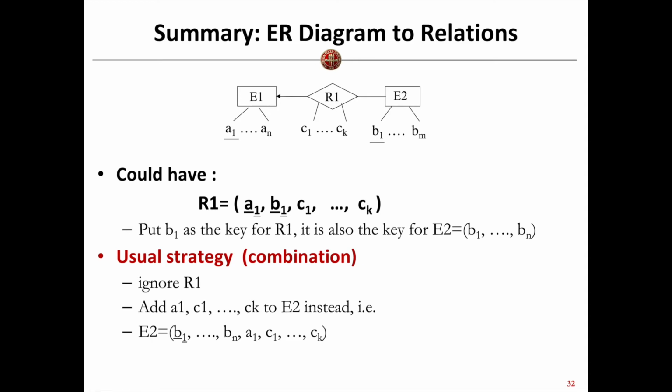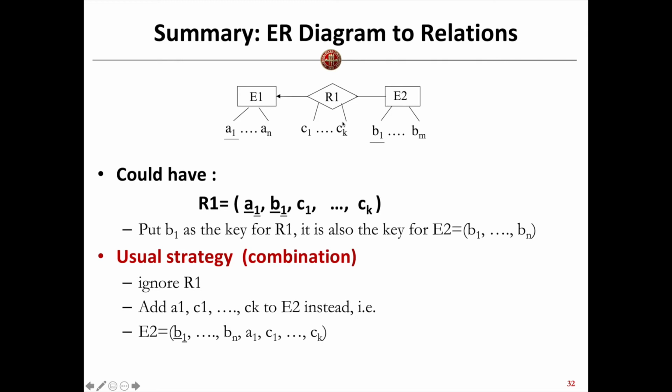Therefore, if we treat this R1 as a regular case, we can do the translation as shown here. R1 covers A1, B1 as the key attributes, C1 to CK as its attributes, right? We find that B1 is a key of E2, right? And we also know that given an entity in E2, we can always find one single entity in E1 that will form a relation in R1, right?